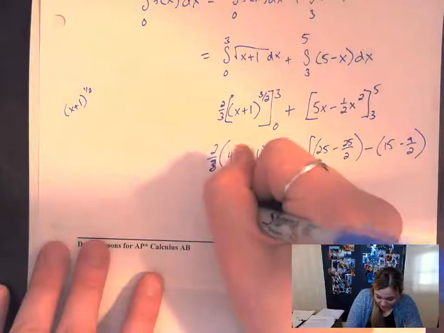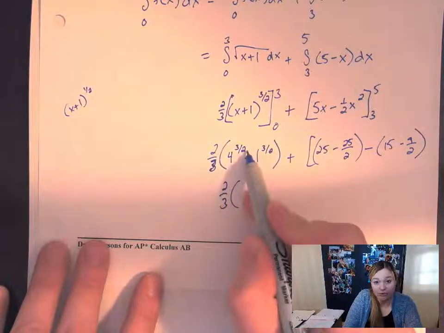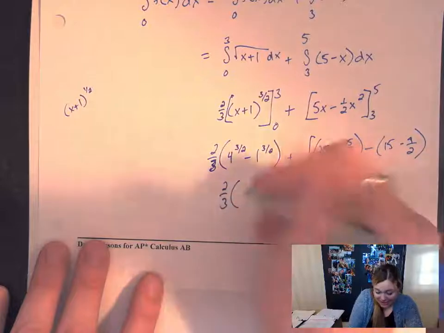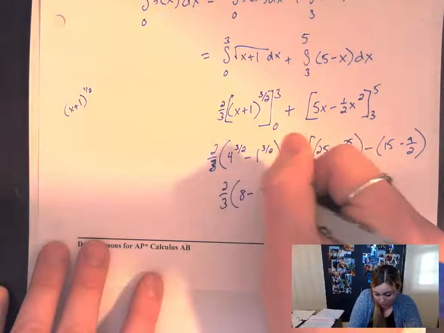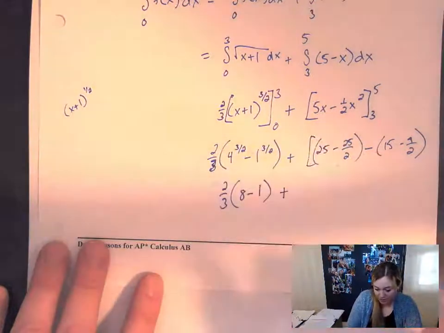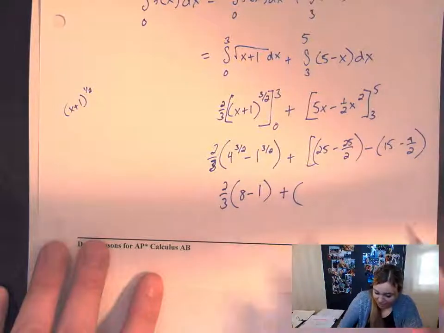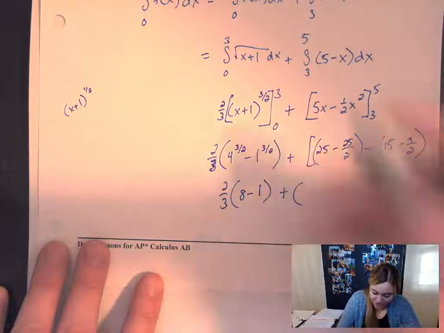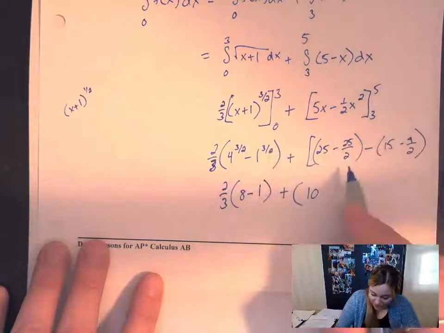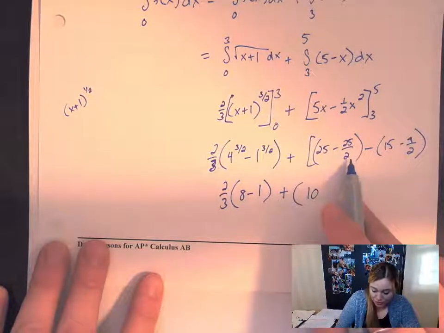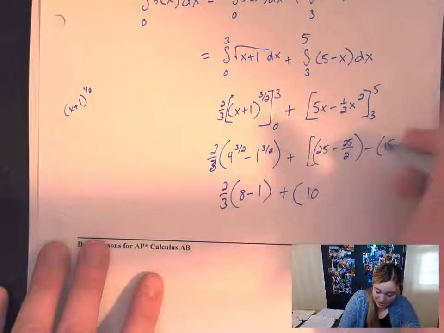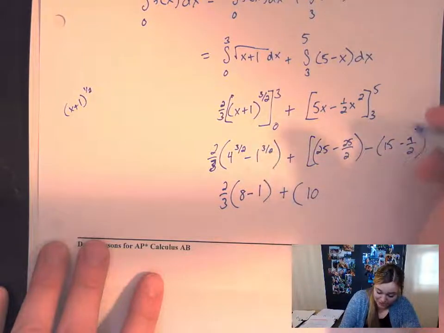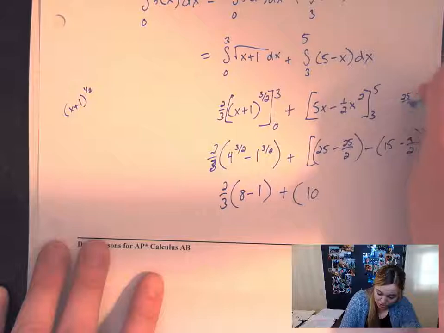Okay, multiply all this out. The square root of 4 is 2, cubed is 8, minus 1. Over here, I'm actually going to do some magic. I'm going to take 25 minus 15 and get 10. And then negative 25 over 2 minus a negative 9 over 2 would be the same thing as negative 25 over 2 plus 9 over 2.